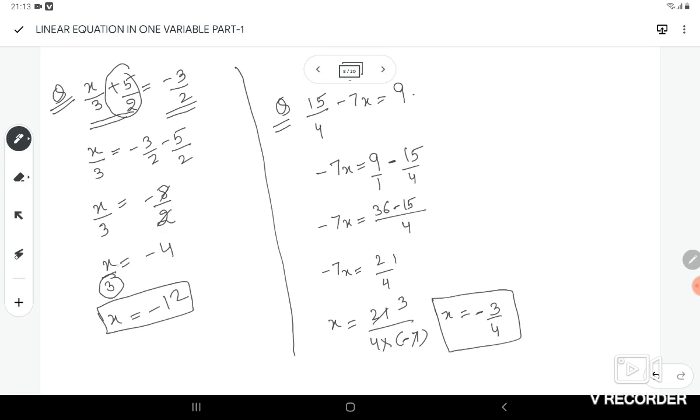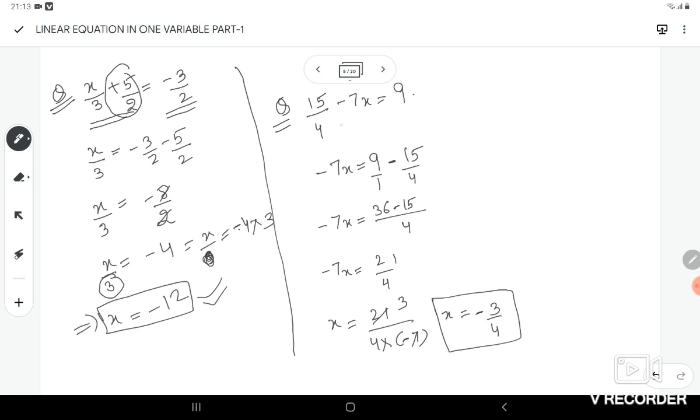Here also we are going to transpose the 3 in x by 3 equal to minus 4 to the right hand side, which comes to be x equals minus 4 multiplied by 3. So x comes out to be equal to minus 12.